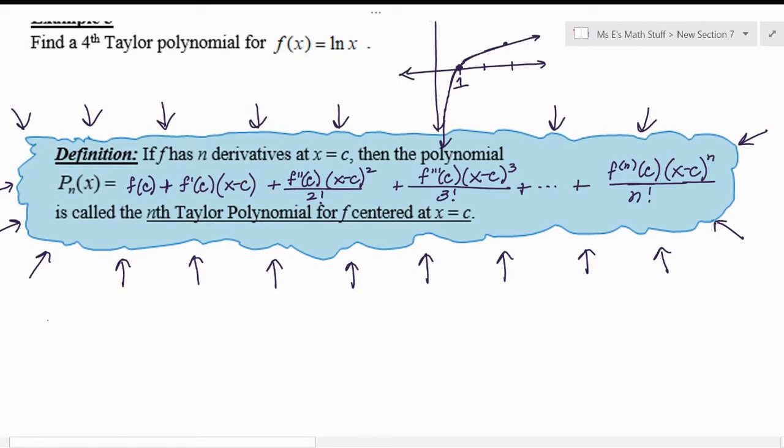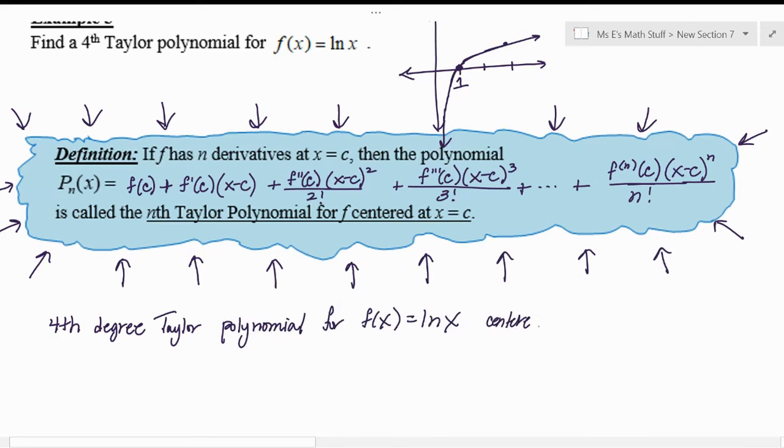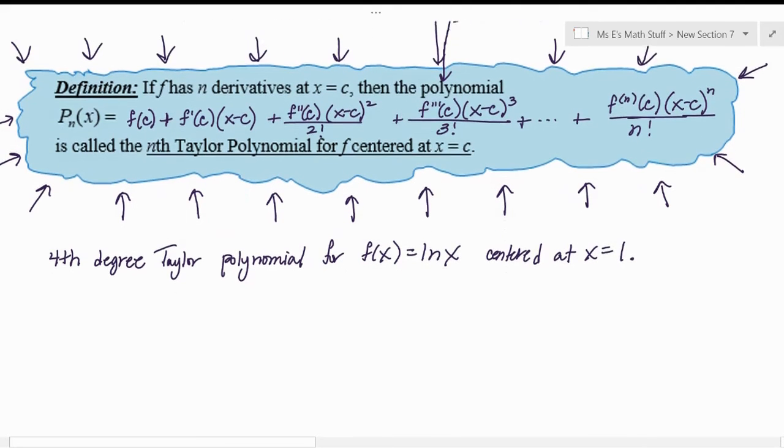So this is how you do a 4th degree Taylor polynomial for f of x equaling natural log of x centered at x equals 1. I think it's important for me to say where I'm centering it because the directions didn't say I had to. And if you chose to center it at something else, then you're not especially wrong.